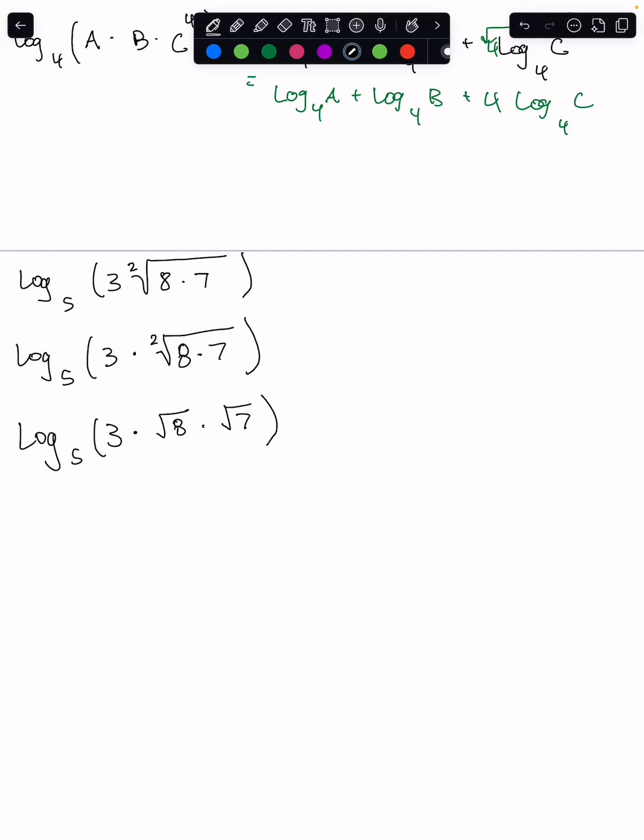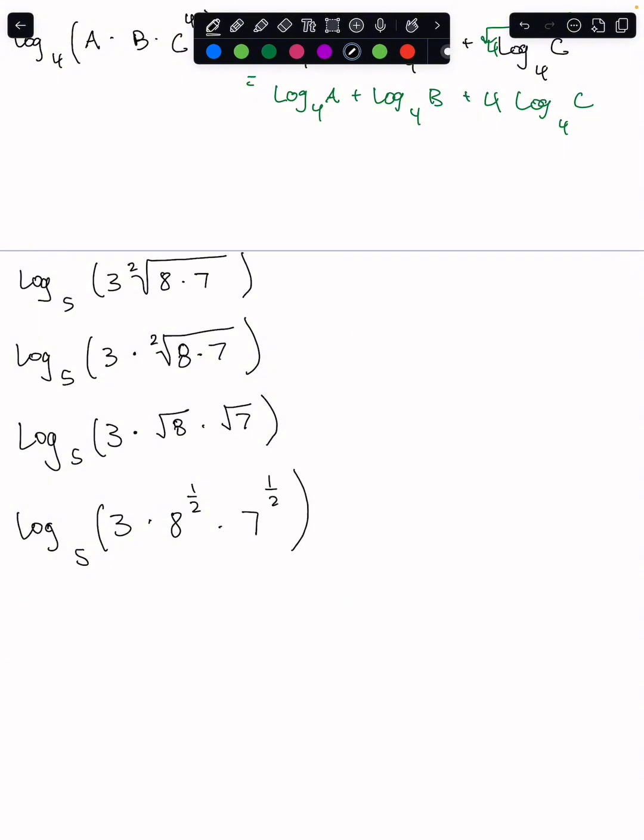I can write them separately. And so what this really means is I have log 5 of 3 times 8 to the 1/2 times 7 to the 1/2.